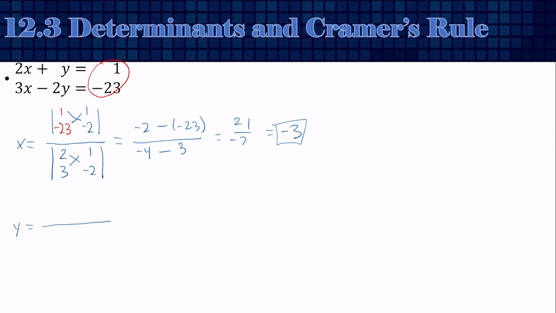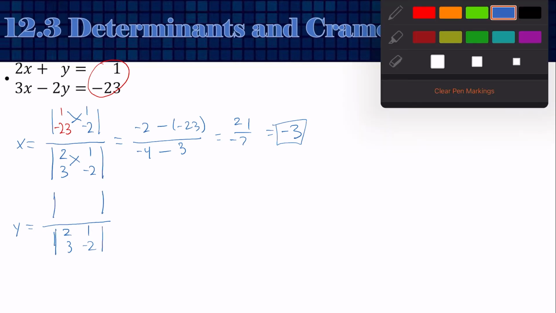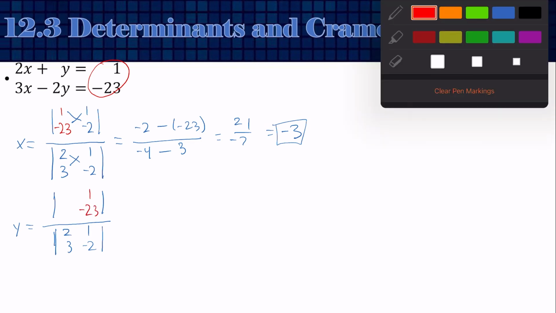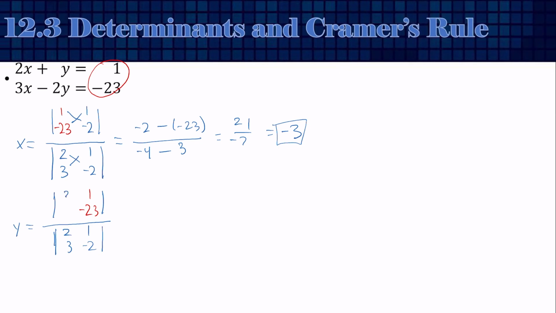For the y, the bottom stays the same. The top is the same as the bottom, except the y column is replaced with the constants. Everything else is the same as the bottom. Find your determinants.